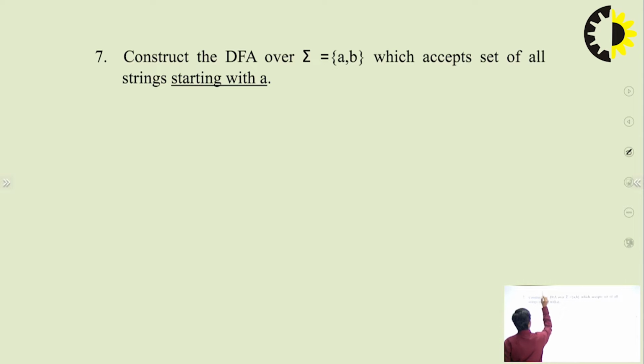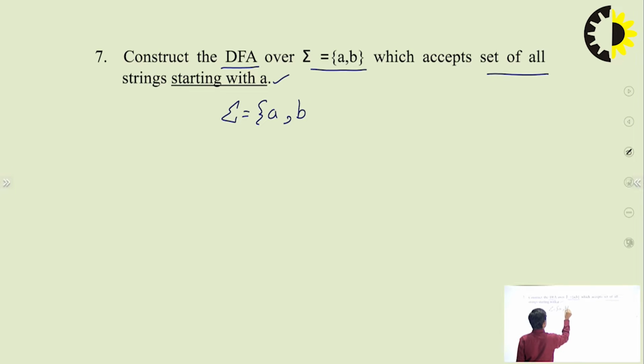See the next problem: construct the DFA over sigma equal to {a, b} which accepts the set of all strings starting with a. So here sigma equal to {a, b} and the language contains the set of all strings starting with a, only a.